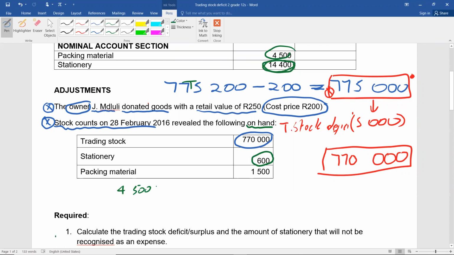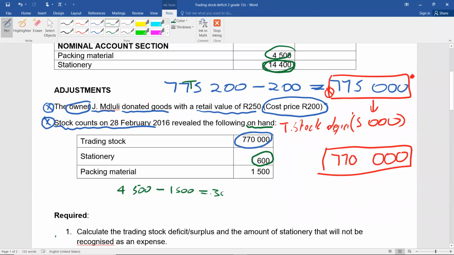Yes. So you say, okay, minus 3,000. So why do you minus 3,000? Because the 1,500 has to go. Okay. So I'm going to have this, and this will give me 3,000.